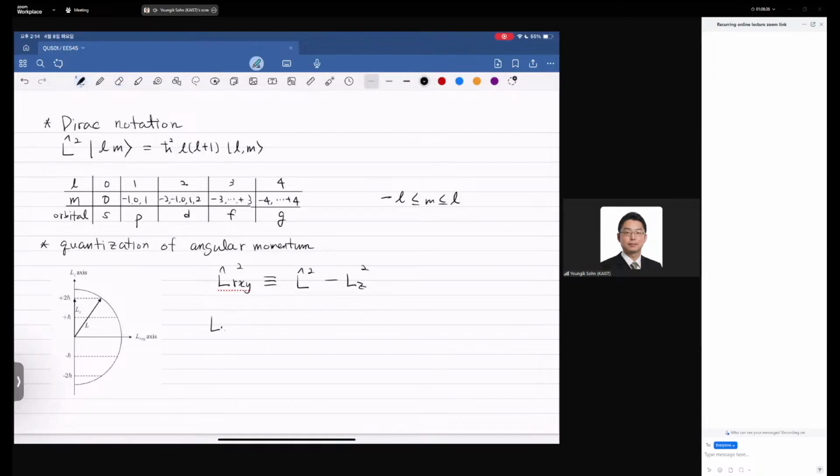L_XY squared operator: if you apply this to that quantum state, since we know L squared and L_Z, we did all the calculations, and it satisfies the eigenvalue form. So this newly defined operator also shares its eigenfunction.